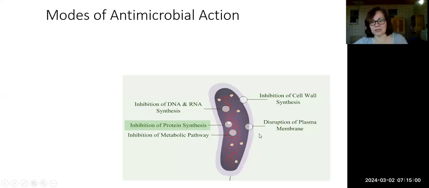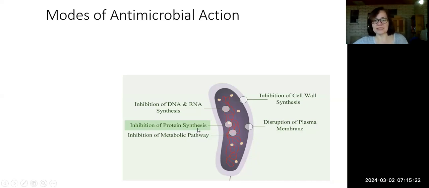That's a perfect target. The plasma membrane, that one's trickier because we have plasma membranes, but there are some subtle differences that we can target. There could be a metabolic pathway, that is a series of chemical reactions that happens in the microbe that we don't have, and so we can target that.